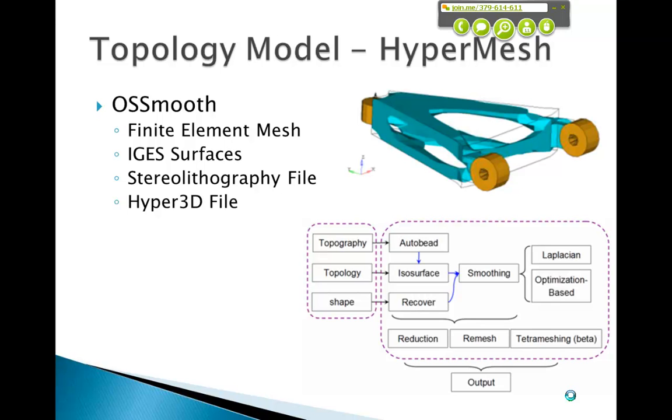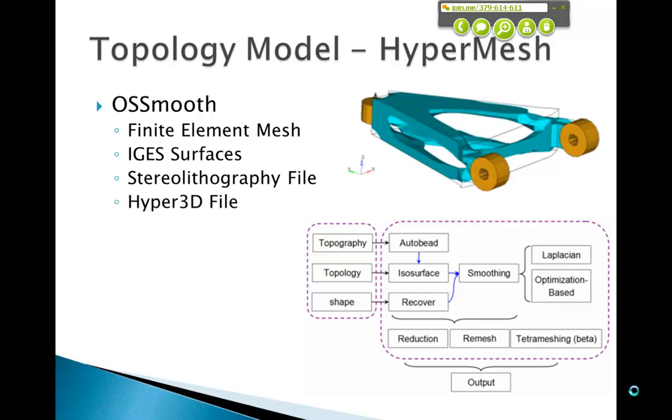And what you can see from that diagram is that on the left-hand side, it says that the topology result, whether it's topography or shape, we're dealing with topology. The topology result is going to produce what are called isosurfaces.